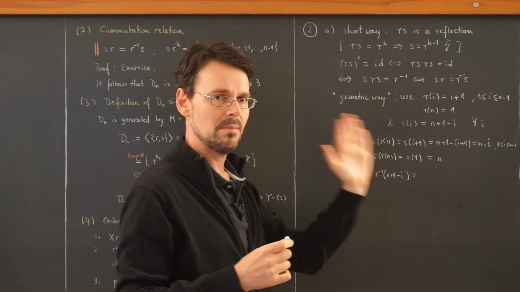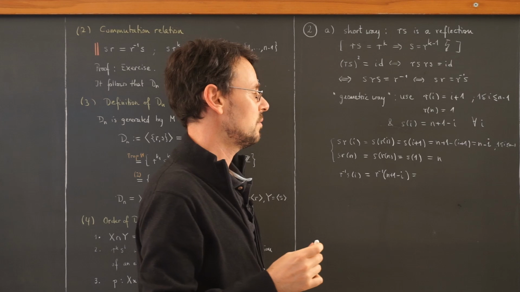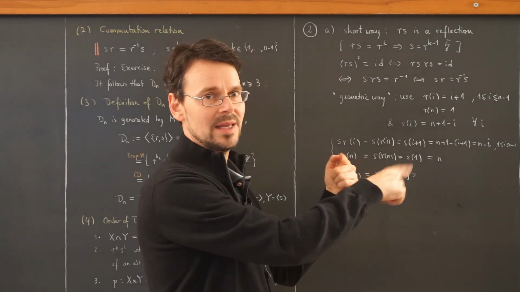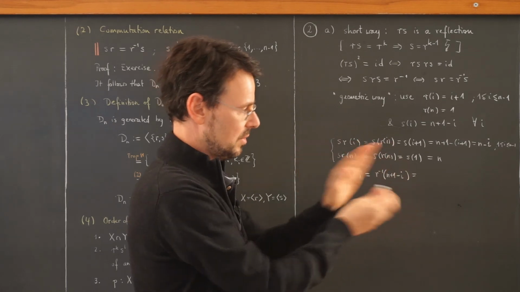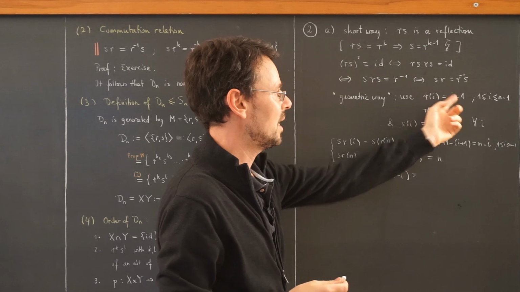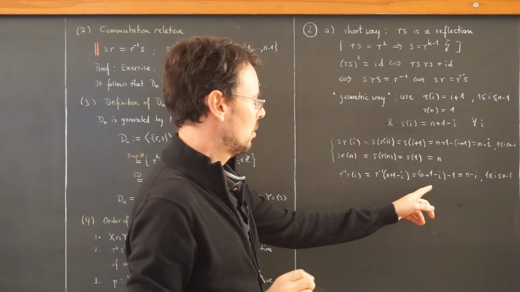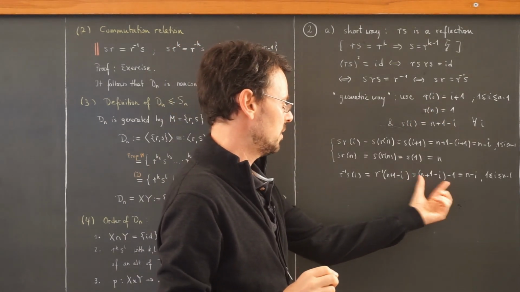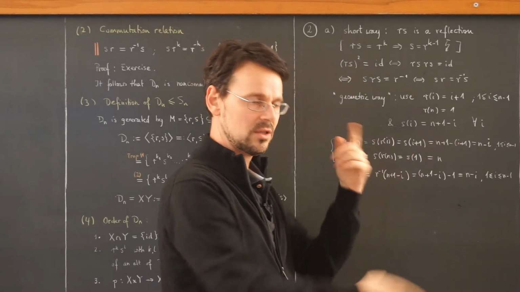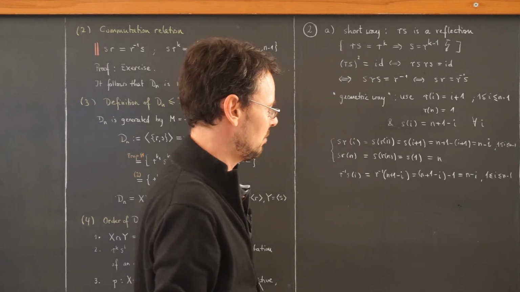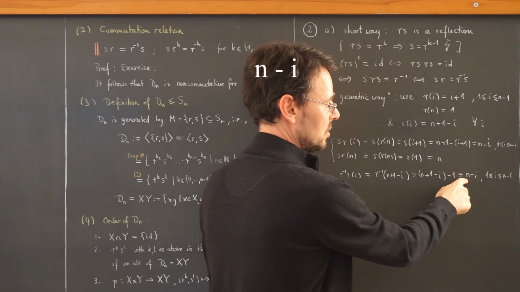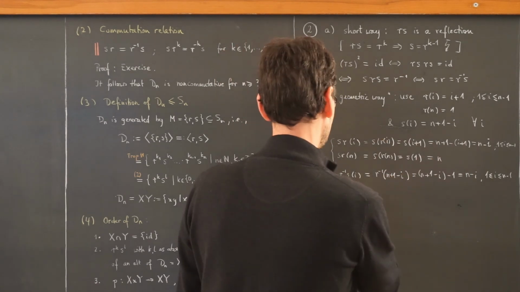So we rotate by minus 360 degrees divided by n, or by n minus 1 times this angle, because we do not allow negative rotation, but the effect is the same. I gets mapped to I minus 1. So I end up with this expression here, minus 1, because I rotate in the other direction, or as I said, n minus 1 times the angle. So this leaves me with n minus 1. So they have the same effect.